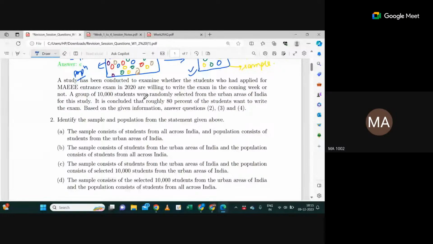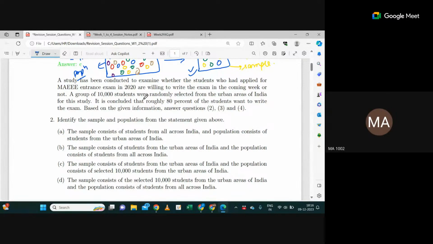Question number 2 is saying you have to identify the sample and population from the given information. Just read the options and tell me which should be the correct option. Let me read out the options. The first option says the sample consists of students from across all India, and the population consists of students from the urban areas of India.